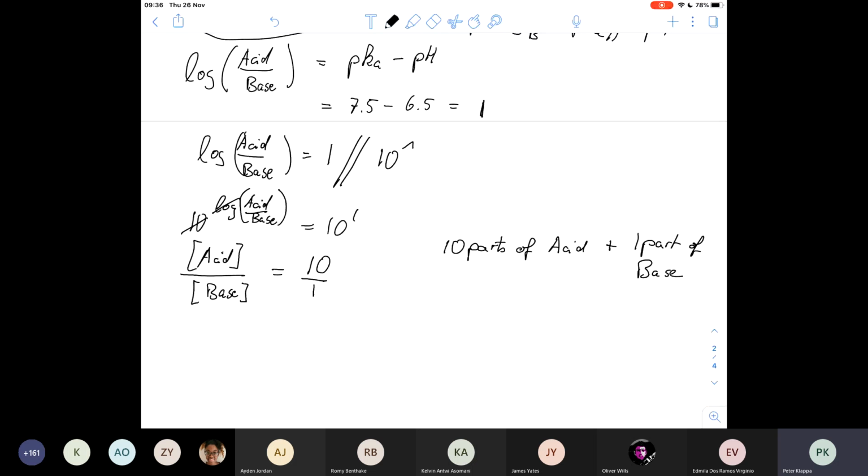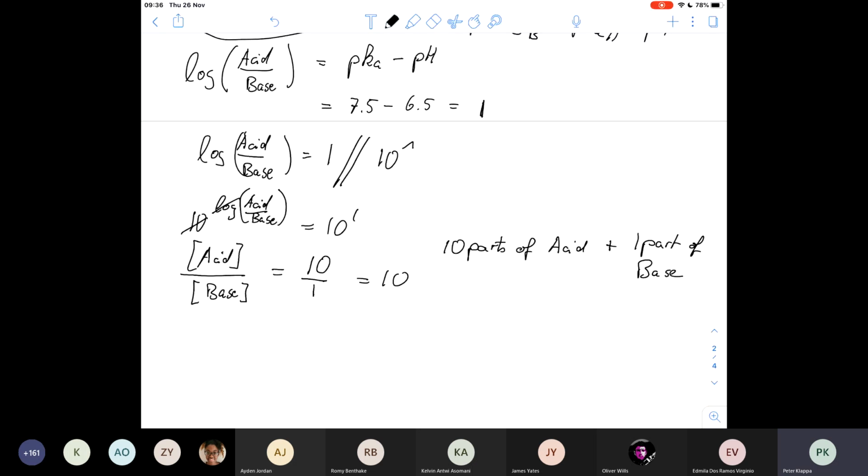Or I can just simply write it as 10. I don't have to do the one thing. Does that make sense? That is my ratio. And if I have this ratio, acid over base, I have a pH that is 1 unit smaller than the pKa.